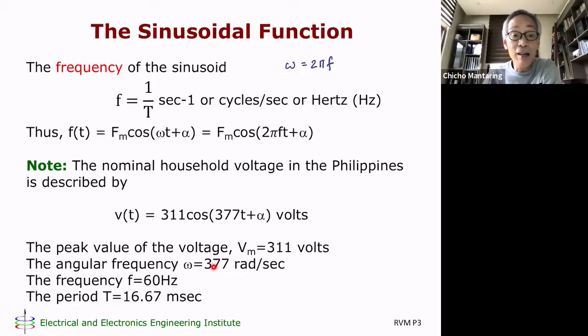Where does this 377 come from? We know that the frequency of our household electricity is 60 Hz. So you multiply 60 by 2 pi. Omega is equal to 2 pi f, and you get 377. And if you compute for the period, 1 over f, you're going to get 16.67 milliseconds. In other words, for your electricity in your house to make one complete cycle, it takes 16.67 milliseconds.